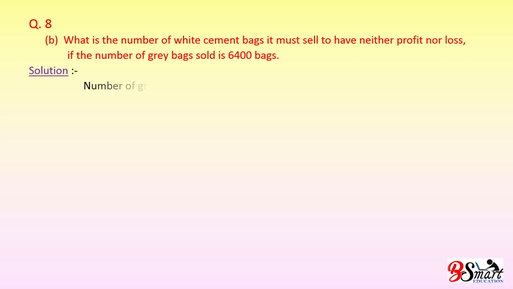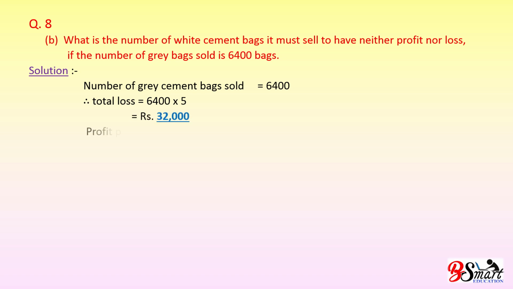Number of grey cement bags sold equal to 6,400. That is already given. Therefore, total loss equal to 6,400 into 5, that is rupees 32,000. Profit per bag of white cement equal to rupees 8.